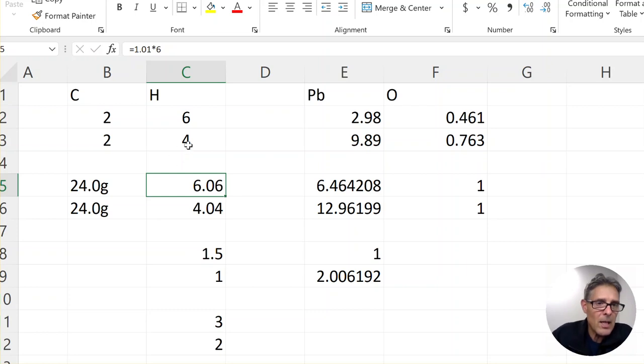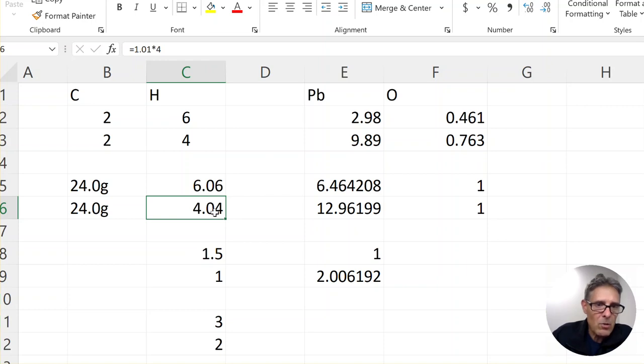I'll do the same thing for the 4 hydrogens. I take the 1.01, the atomic mass of hydrogen, multiply it by 4, and that gives me 4.04 atomic mass units.